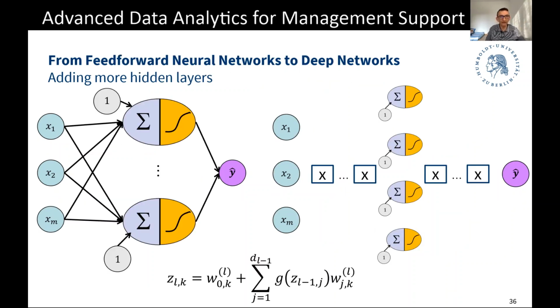So from a single hidden layer network, by adding more of these layers, we can construct a multi-layer neural network. And if we have many of these layers, don't ask me how many, I can't tell you, but if we have many, then we can call our network a deep network because there are so many layers. So that would be a deep, well, it's written in the header, right?